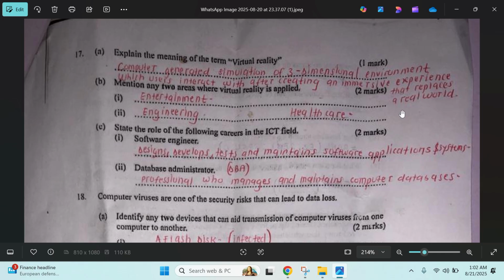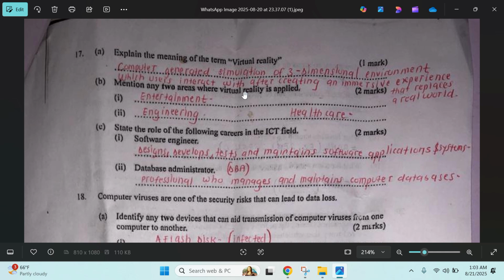Now, some of the keywords we can pick here: virtual reality is a computer generated simulation, or a computer generated environment.